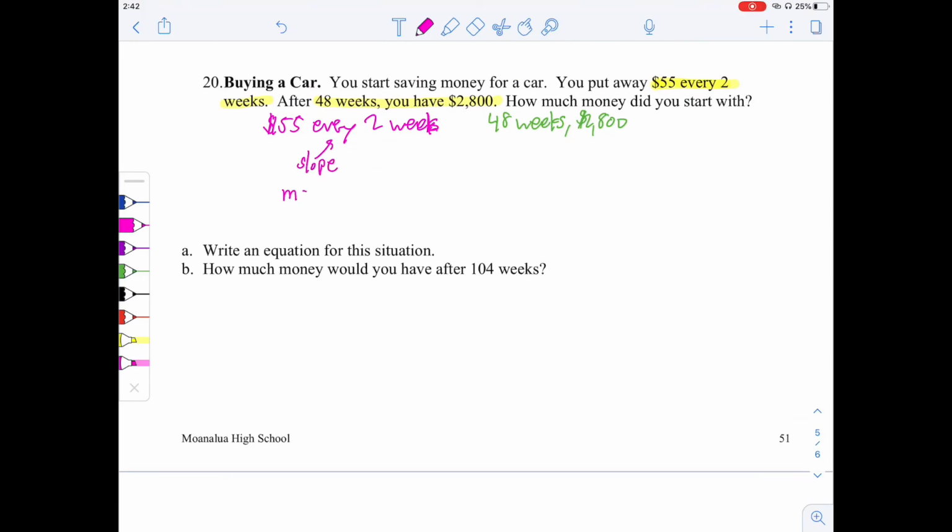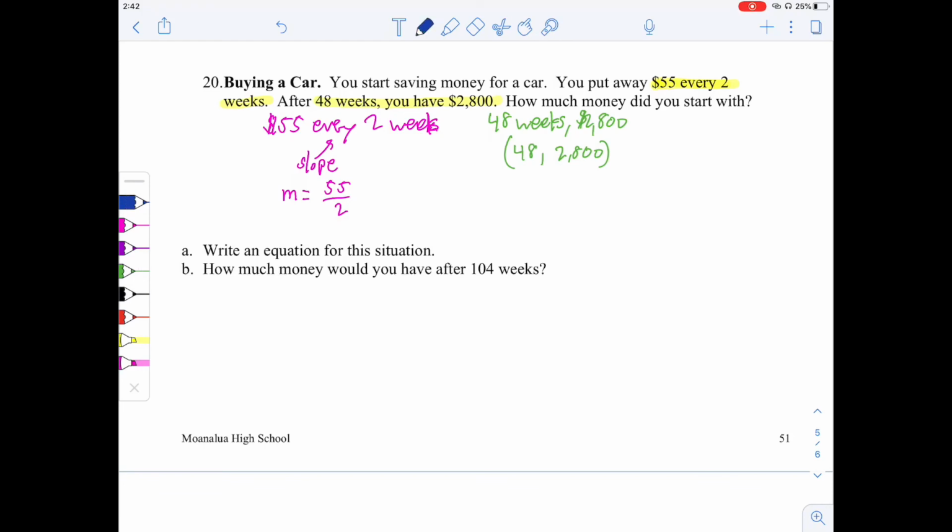So our m is 55 over 2, that's our rate of change, 55 every 2 weeks. And then we look at our ordered pair, which is 48, 2,800. That's our data point.